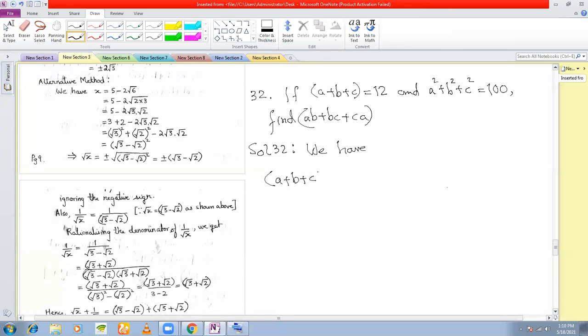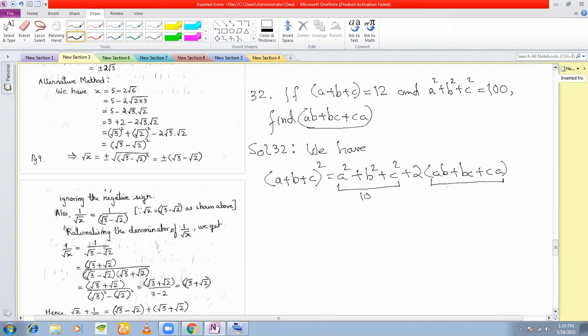A plus b plus c whole square. You know this as a square plus b square plus c square plus twice ab plus bc plus ca. See that you have to find the value of ab plus bc plus ca. That means you have to find out the value of this, right? What values do you know? You know the value of this.